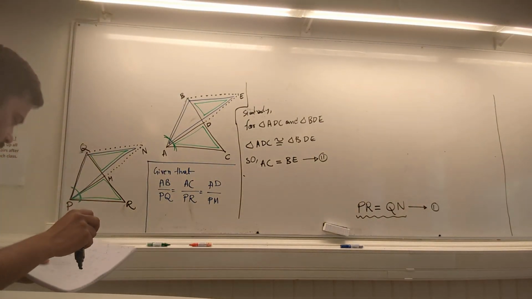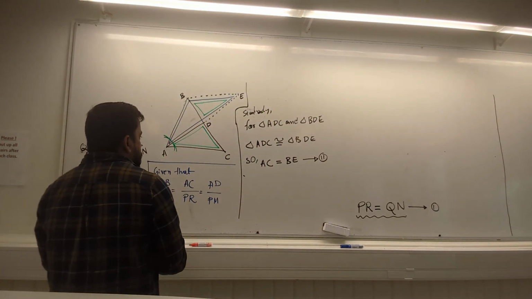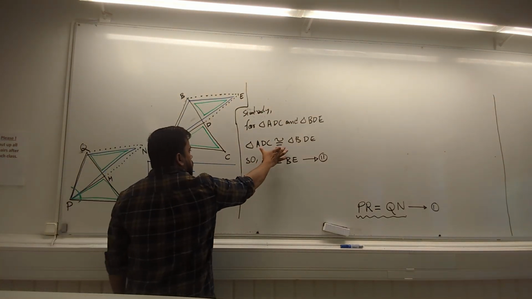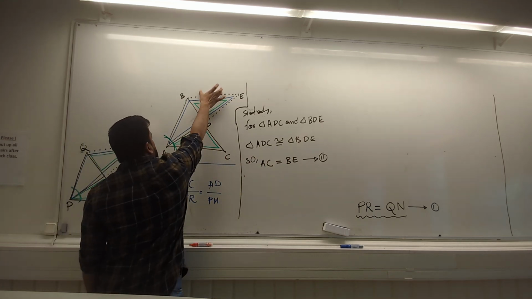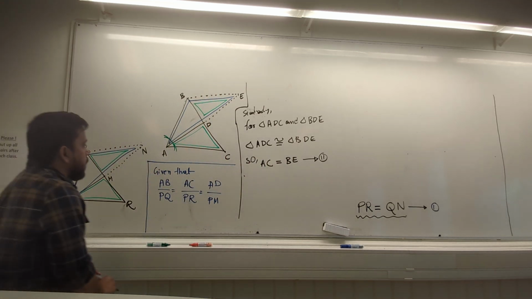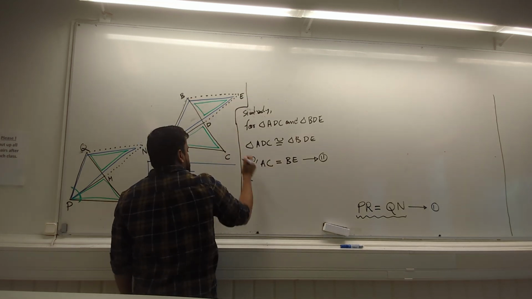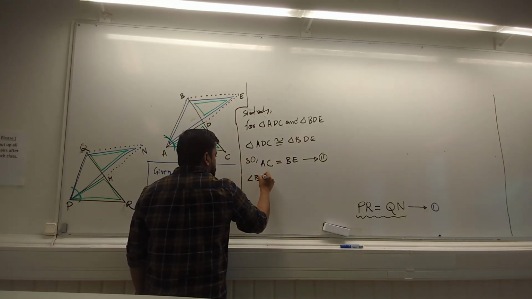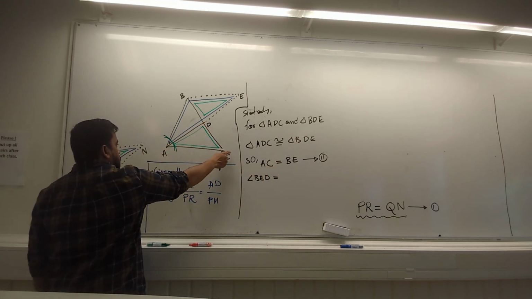All right, let me just say one more thing here as I'm writing. Because these two triangles are congruent, I can claim that AC is equal to BE. But I can also claim that angle BED is equal to angle DAC.